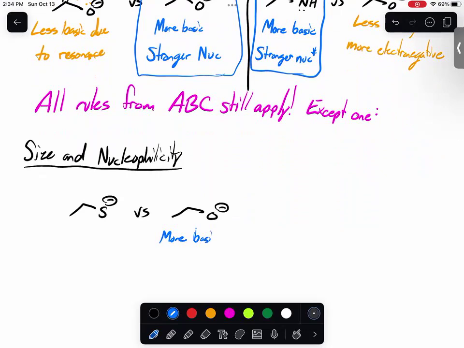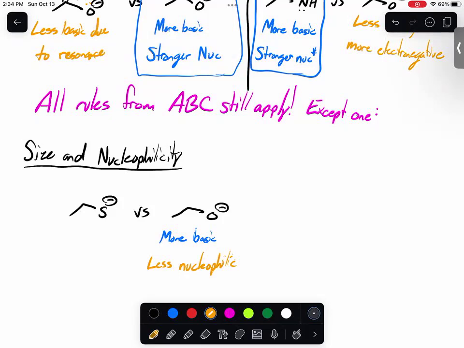It's pretty happy to give away those electrons. But the thing that becomes really weird is that if you were to test this, you would find that it's less nucleophilic than the sulfur, right? And so essentially, this is going against everything we've talked about before. The bigger something is, normally the more stable it is, which we just talked about instability being useful for nucleophilicity. It's also less basic, therefore it should be less nucleophilic, but it's not.